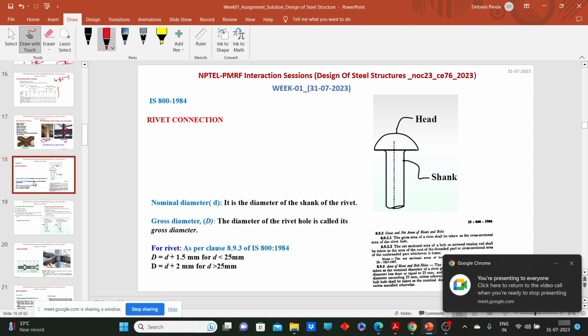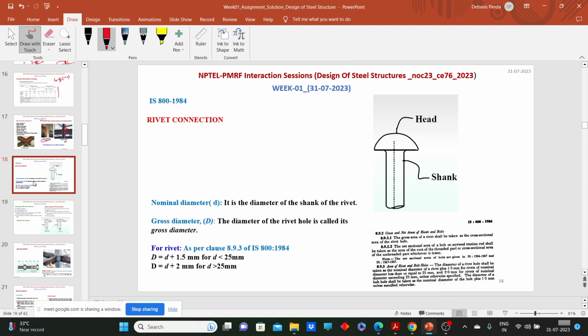First and foremost, the connection which comes to our mind when we try to connect two members is the riveted connection. In a riveted connection, the rivet is mainly used to connect the structural elements. So first let's try to understand what we call a rivet.